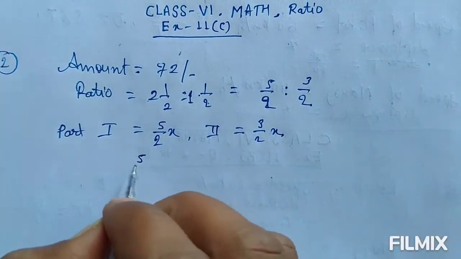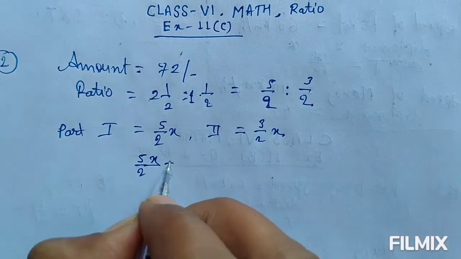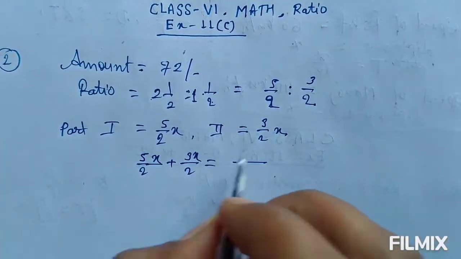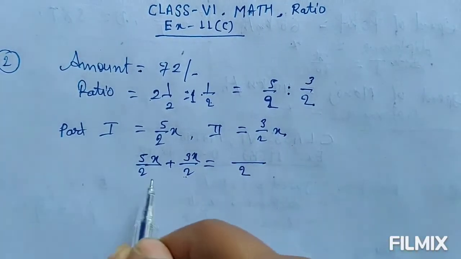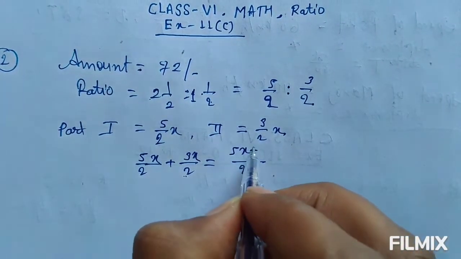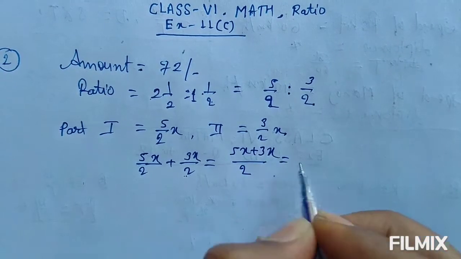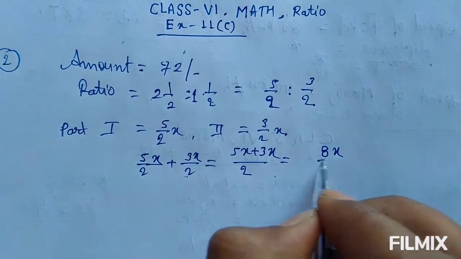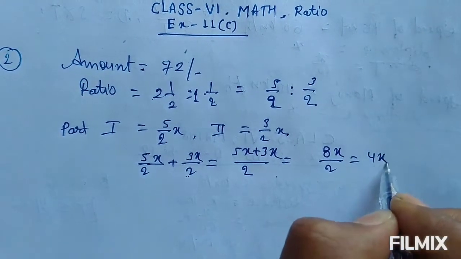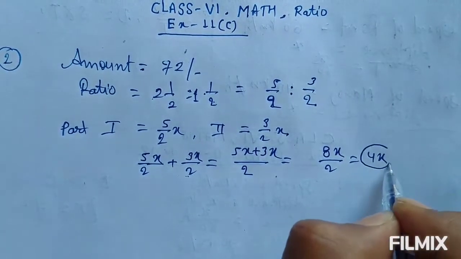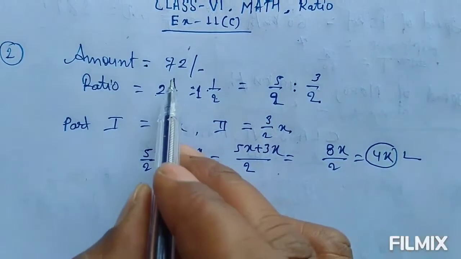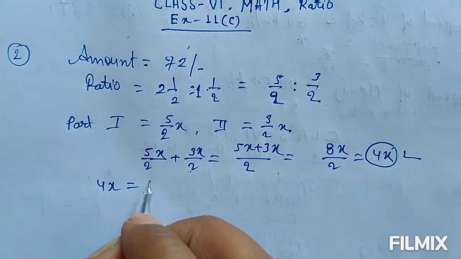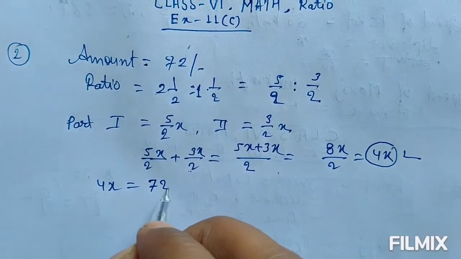Both parts, 5/2x plus 3/2x, the LCM is 2, so this is 5x plus 3x, means 5 and 3, 8x/2 equals 4x. This is the complete value 4x and 72 is the complete value. It means the value of 4x is equal to 72.